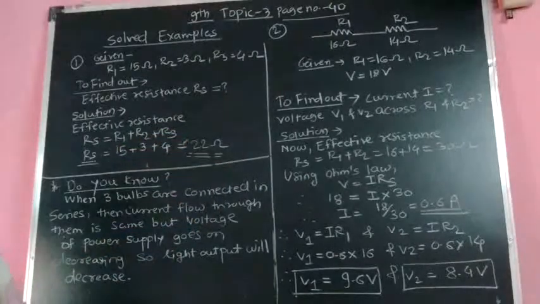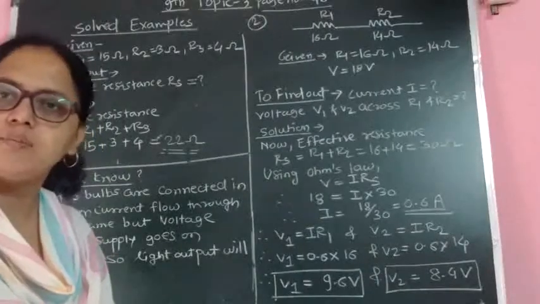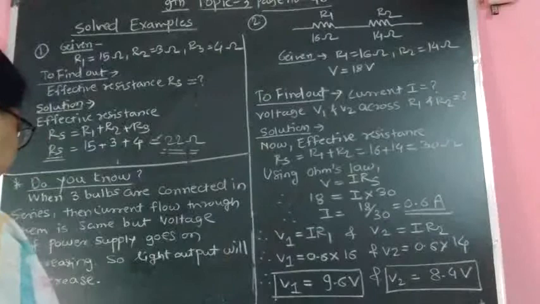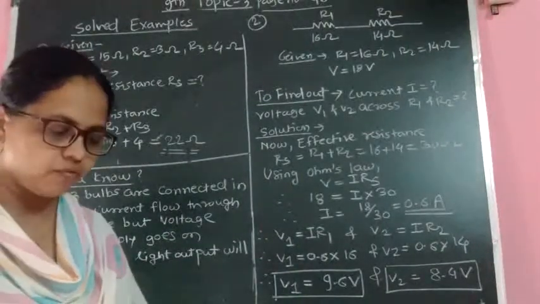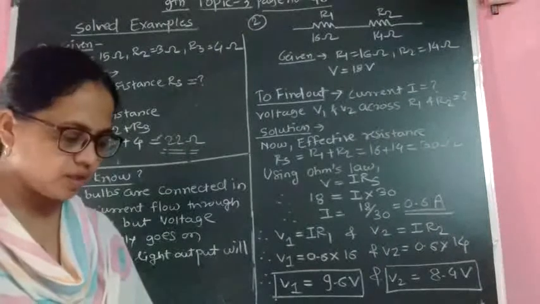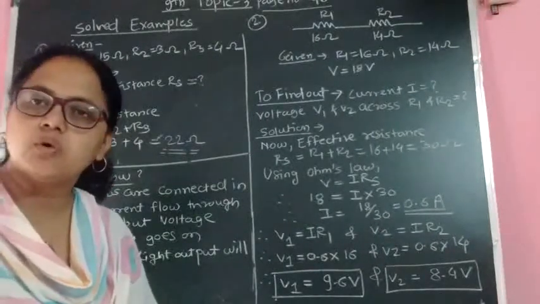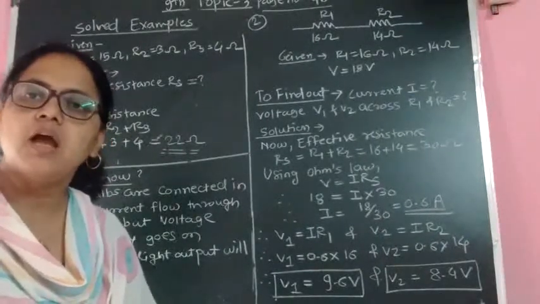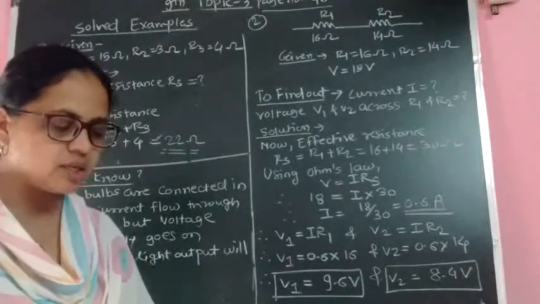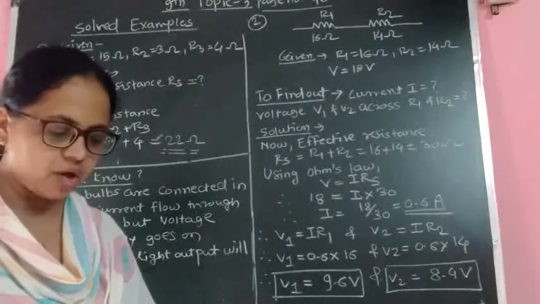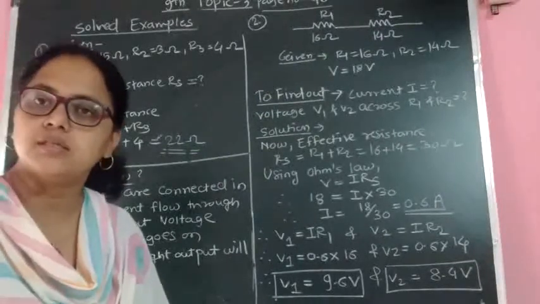Now look at example number 2. What is example number 2? Two resistors having resistances 16 ohm and 14 ohm are connected in series, and the potential difference or voltage present in the circuit is 18 volt. Then calculate the current flowing through the circuit and the potential difference across the ends of each individual resistance.